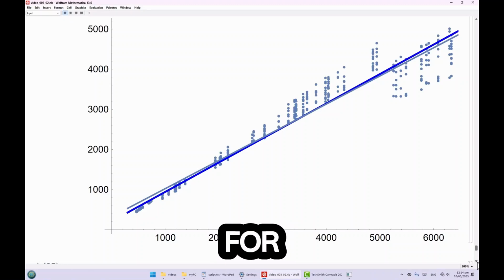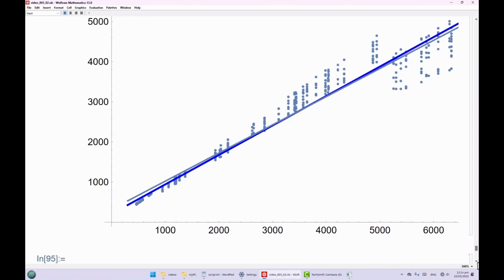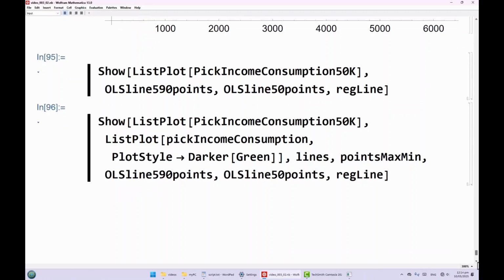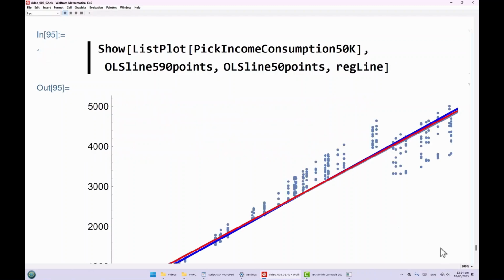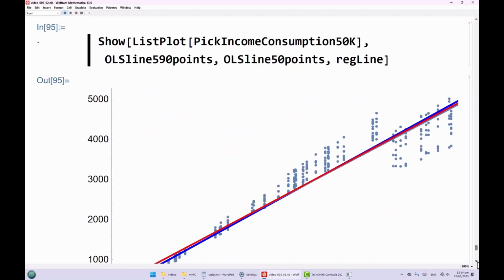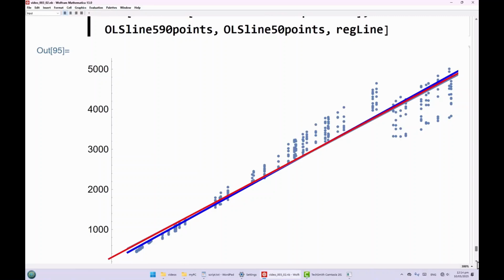Thick blue line is for 590 points, and the other for 50 points. Here is plot with 3 lines.